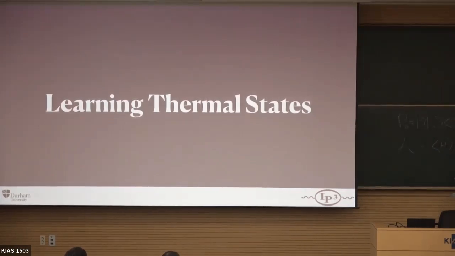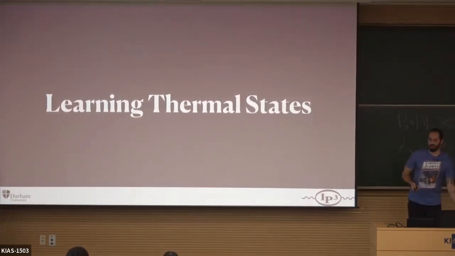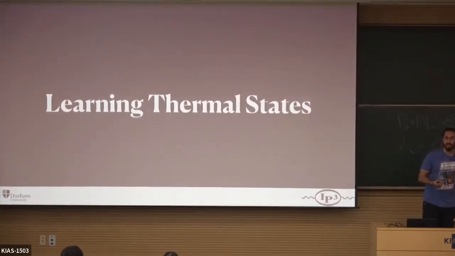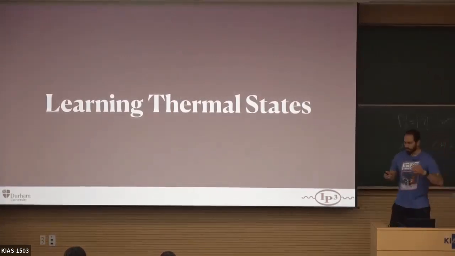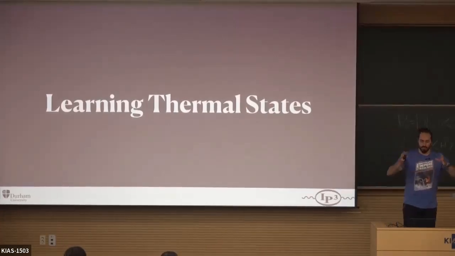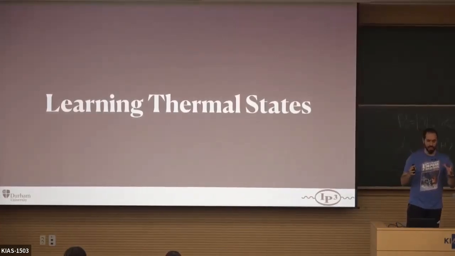I want to talk a little bit about learning thermal states, which is actually exactly the same thing as generative modeling, as Ramon talked about, and I think Sergey also talked about this morning. Let me phrase the problem for you. We have a Hamiltonian, and we want to simulate the eigenstate of this Hamiltonian at a fixed temperature. This eigenstate is not going to be a pure state, obviously.